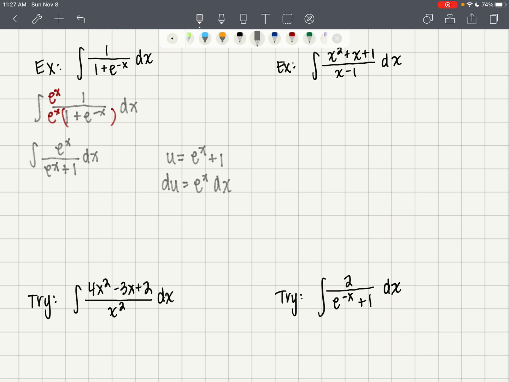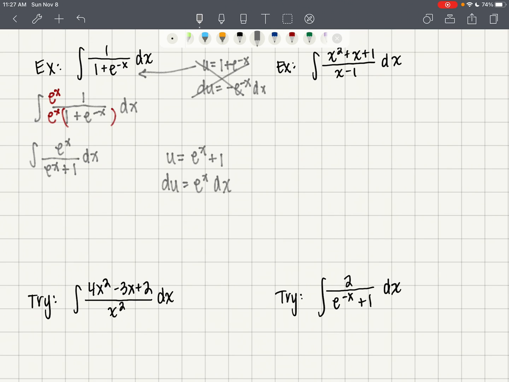See, now if we had let u equal 1 plus e to the negative x, du would have equaled negative e to the negative x. And that's not what we had left over. And we can't just generate a term with a variable in it. You can only generate inside the integral a constant and then multiply that by the reciprocal of that constant on the outside. So that's why we had to manipulate.